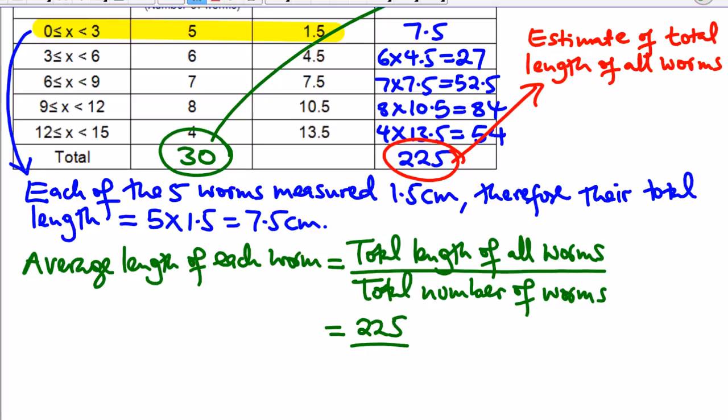The total number of worms is 30, which means that the average length of each worm is 7.5 centimeters.